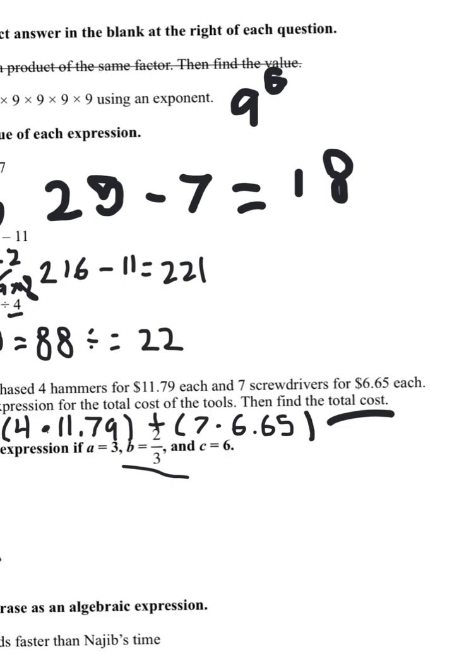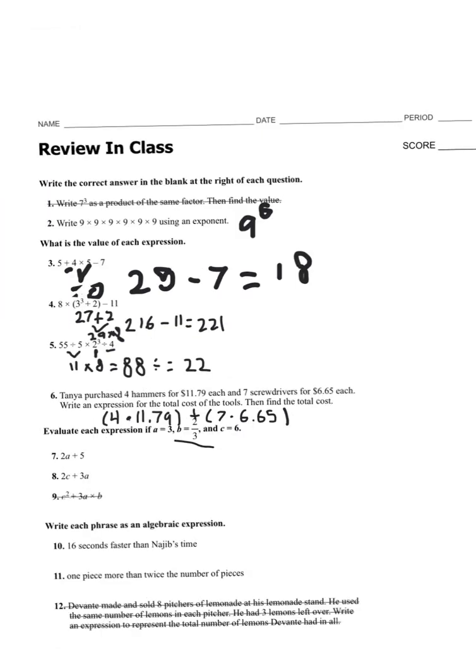And then now it's time to solve. So for this first parentheses, 4 times 11.79, that equals 47.16.